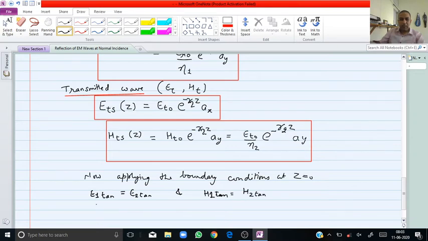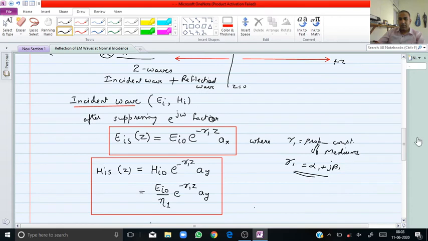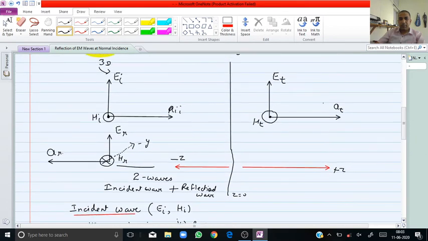Now, if we look at medium 1, then medium 1 consists of two waves, the incident wave and the reflected wave.